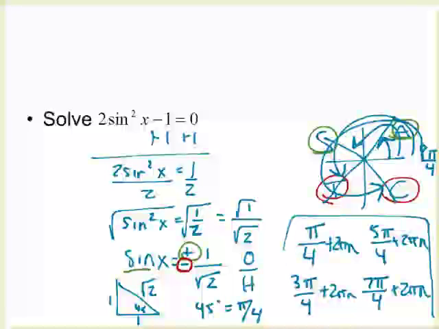If you check your answers in the back of the book, they will not necessarily write their answers the same way. You may see, for example, on this question, just 1 answer, but if you look at it closely, it's going to say that pi fourths plus, instead of 2 pi n, it's going to say pi halves n.